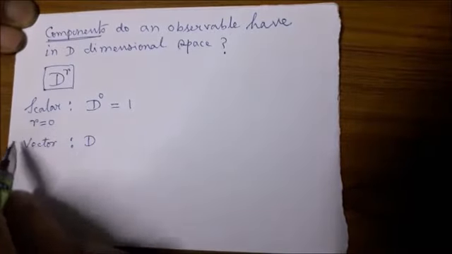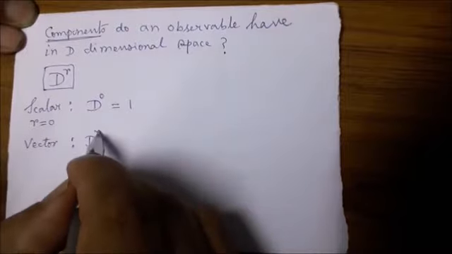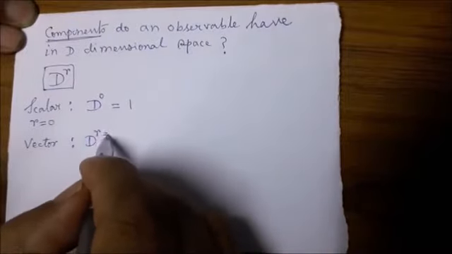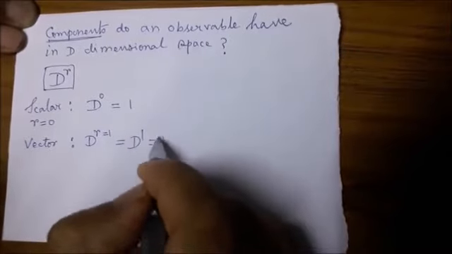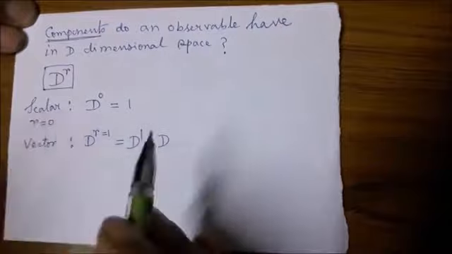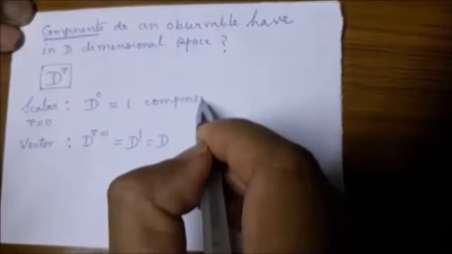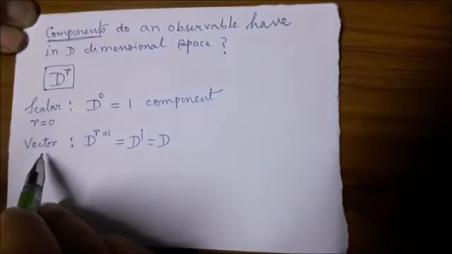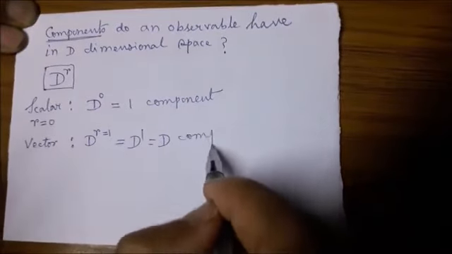So a vector will have d to the power r, and r is 1, number of components. So d to the power 1, that is d components. So scalars in any dimension will have one component, but a vector in d dimensions will have d components.